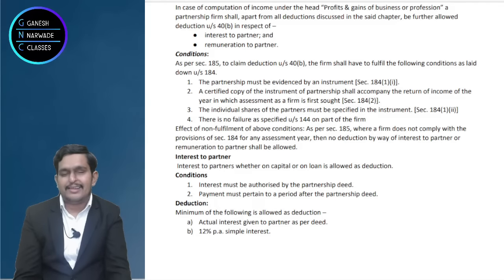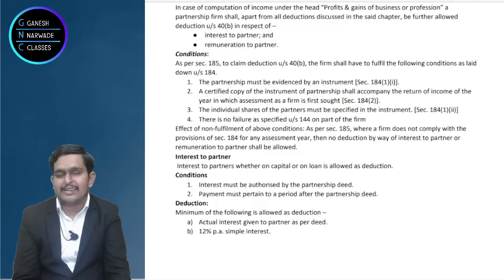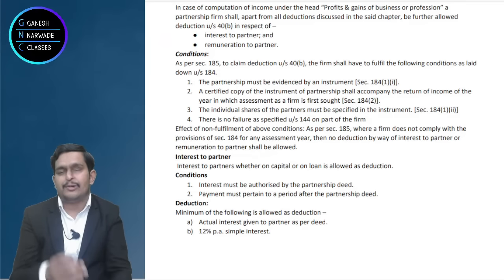Okay, sir. Condition satisfied. But how much deduction? Again some points. Least of the following, minimum of the following is allowed as deduction. What is it?